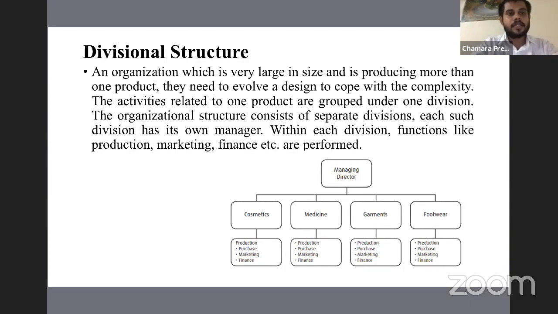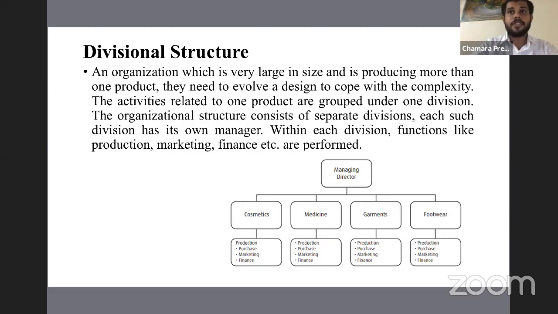So likewise, if you look at companies like Hemas and Unilever and all these FMCG companies, they are into many sections, divisions. Based on that, if we divide and develop an organization structure, that's called a divisional structure. Now you can see divisions: cosmetics, medicines, garments, and footwear, right?